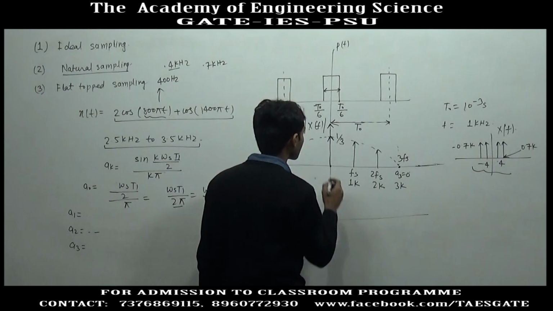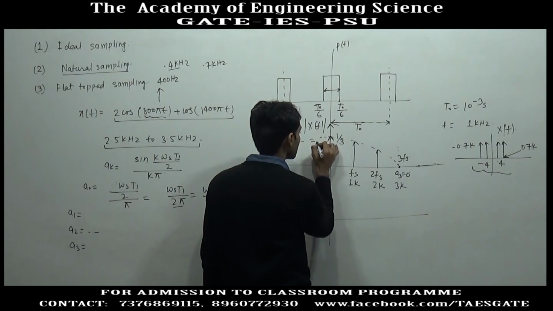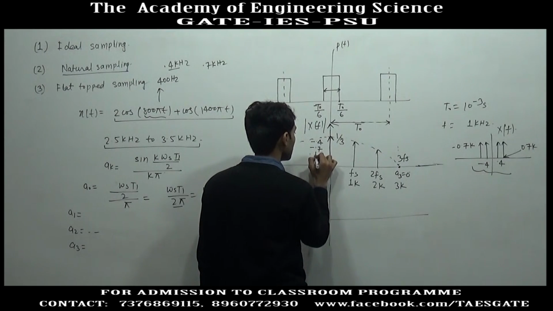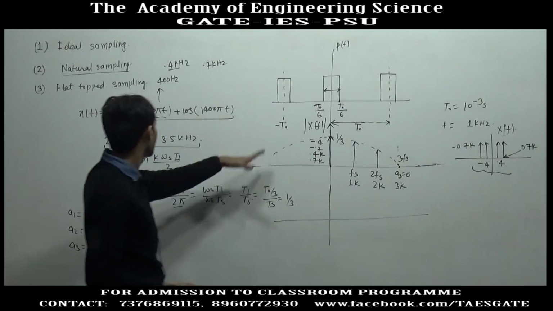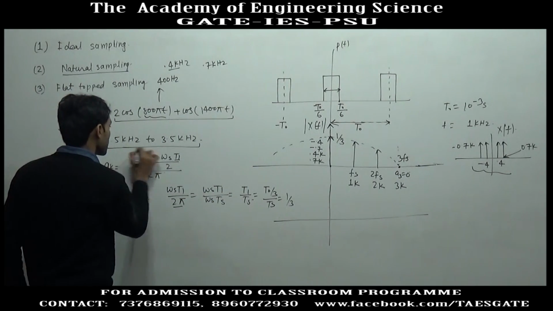If we take the convolution of X(f) with this signal, we will get the same signal. With the impulse at 0, we get the minus 0.4, minus 0.7, 0.4 and 0.7 kilohertz components. None of the components lie in this range.